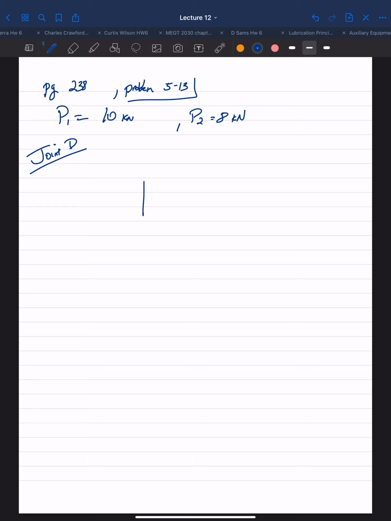So we have the P2 equals 8 kilonewton force coming down. This is FDE, the force in member DE. And we have FDC, the force in member DC.